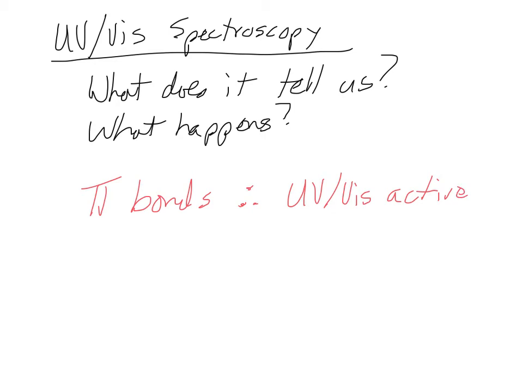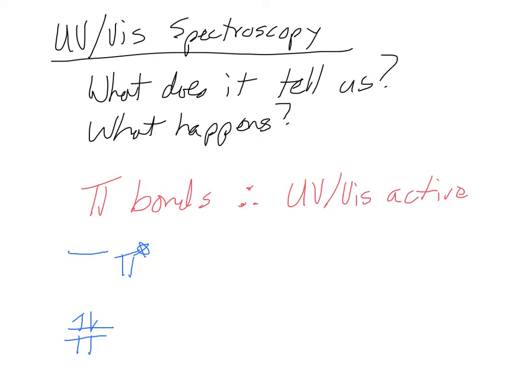So what happens in a UV vis experiment, though? You have pi bonds. You have electrons in those pi bonds. And you have pi star, the antibonding orbital.